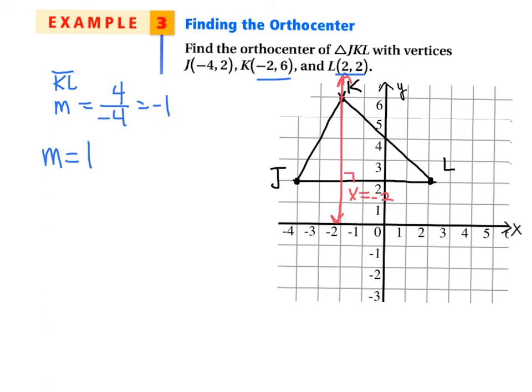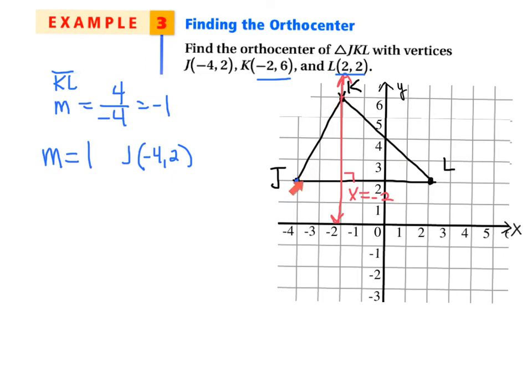I also want a point on that line. Well, since I already know we're going to connect J, I'm going to use the point for J, which is -4, 2. Once again, if you're confused yet, I found the slope of KL. I want the perpendicular slope to that, so I did the opposite reciprocal. Since this is going to be my line, I need a point and a slope.